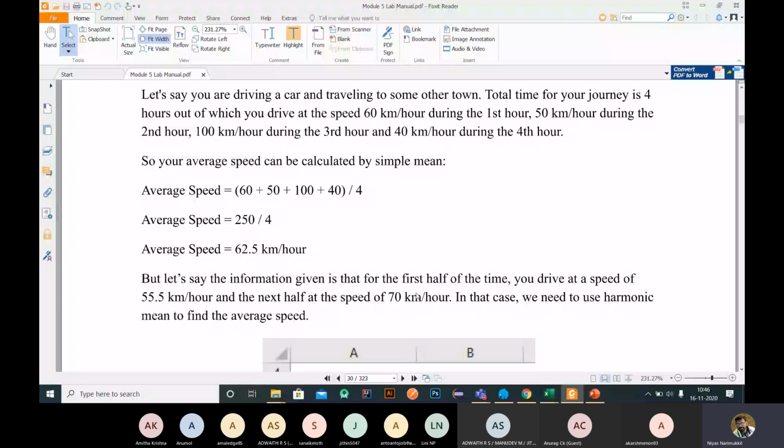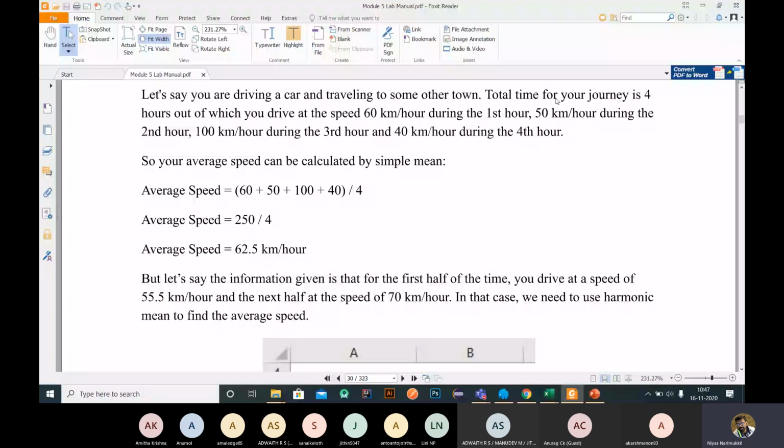So in order to get the correct average, here we need to find the harmonic mean instead of the arithmetic mean. But in the above case, the time is defined: the total time of your journey is defined as 4 hours.